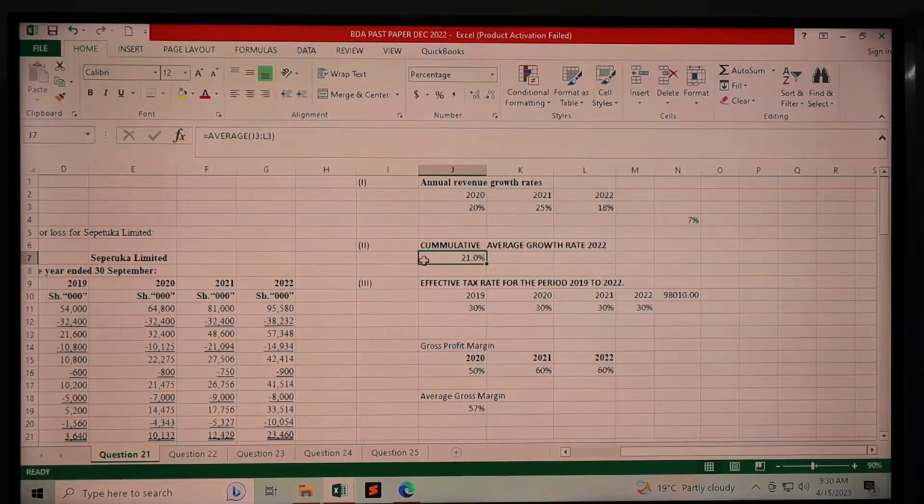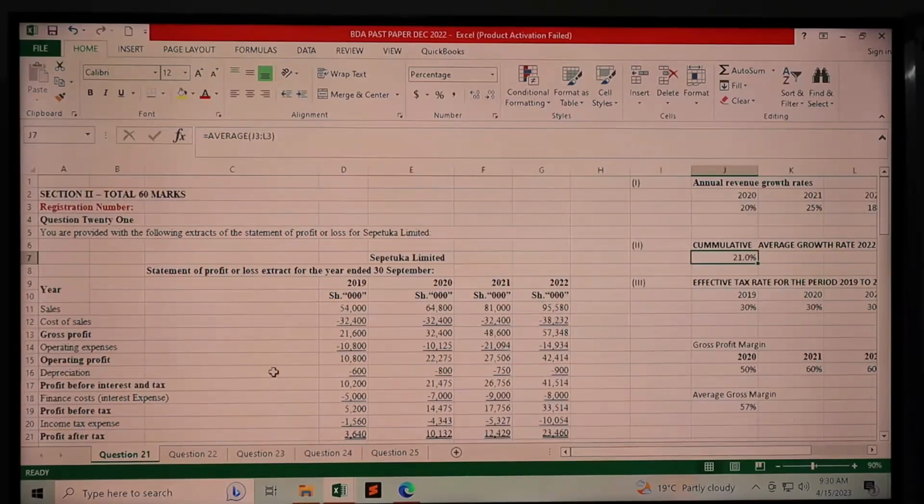Meaning that if we are to do projection, that is forecasting other years, then you have to use that 21%. That is the cumulative average growth rate of 2022. So that is what you use to project the next year. So that is the cumulative.